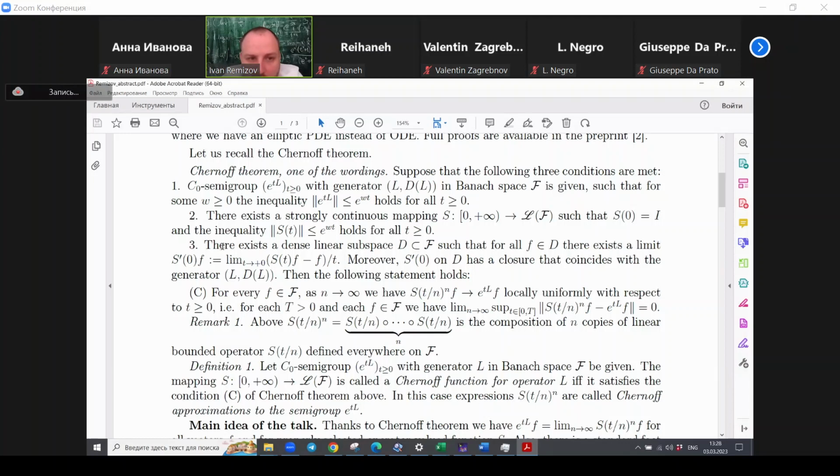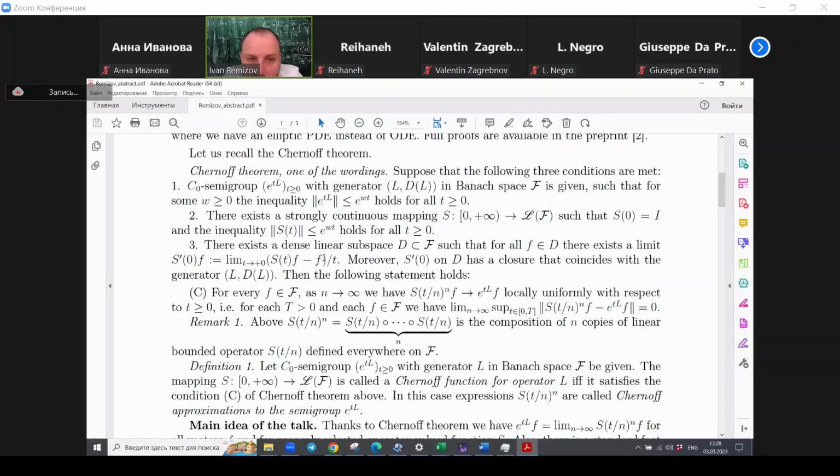Next, there is a dense linear subspace D in F such that for all vectors f from this subspace, the following limit exists. It is natural to call this limit the derivative of S at 0, and it is a widely used notation.